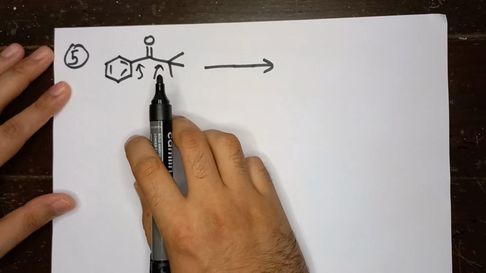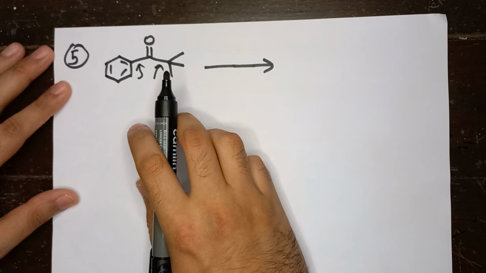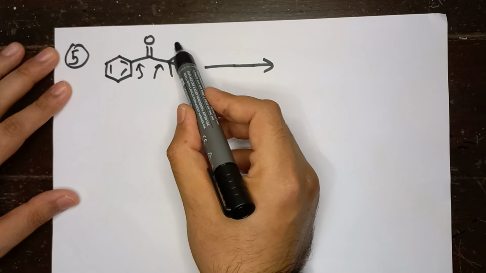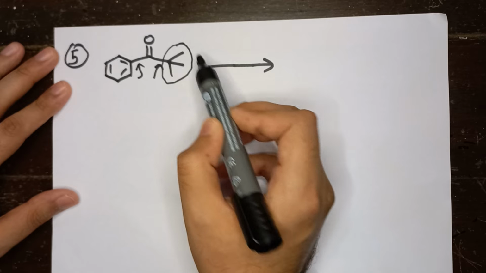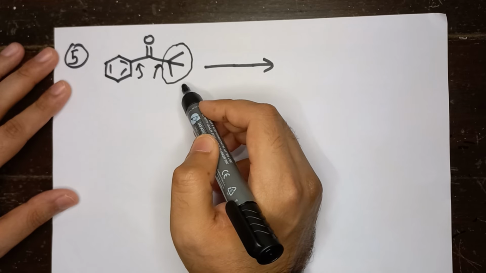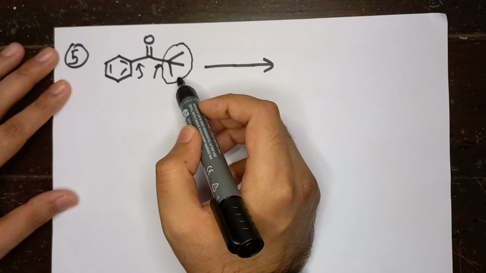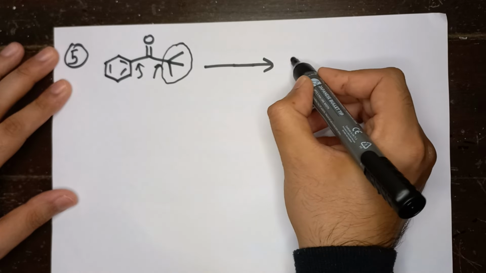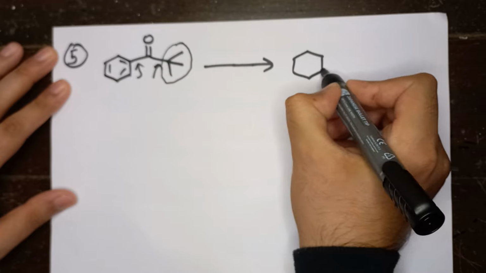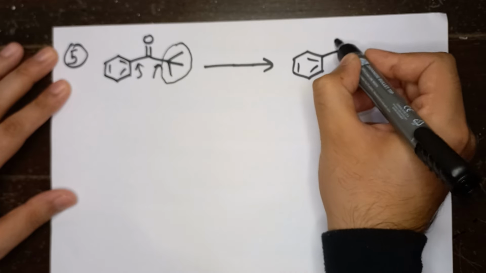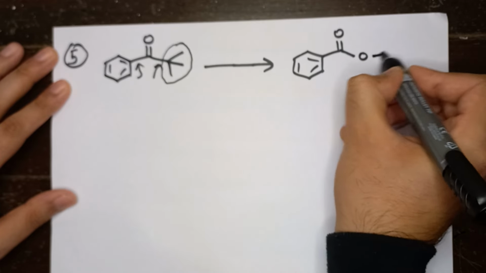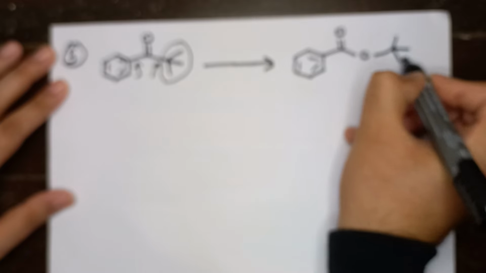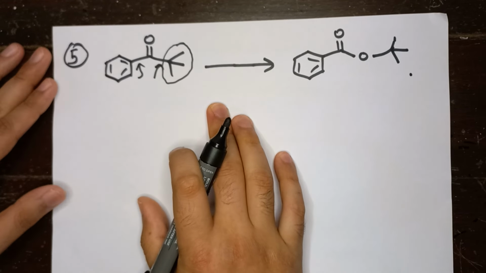The methyl group has lesser electron density as compared to the benzene one, but the tertiary butyl group has more electron density as compared to the benzene one. That's why the oxygen will be inserted from the tertiary butyl side, and you get this one.